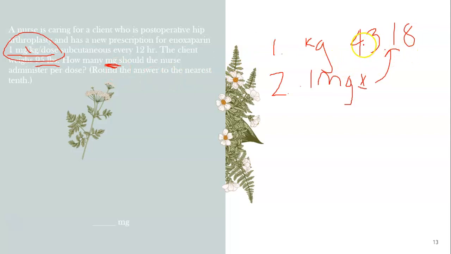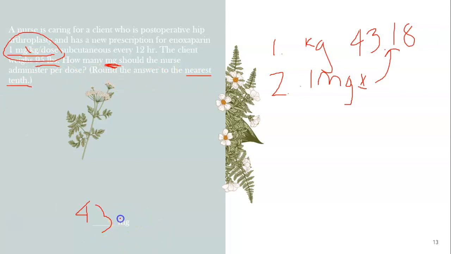Could I not just say 43? For government purposes, close enough. We'll see what they want. Oh, nearest tenth. Oh, darn. Always read what they want, right?